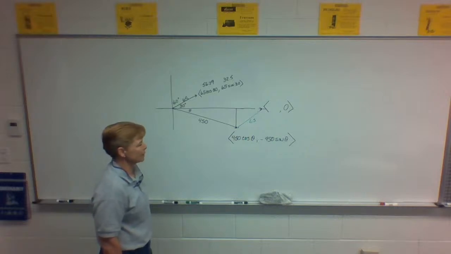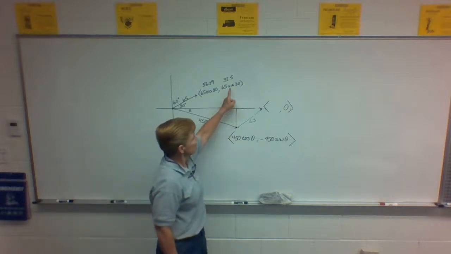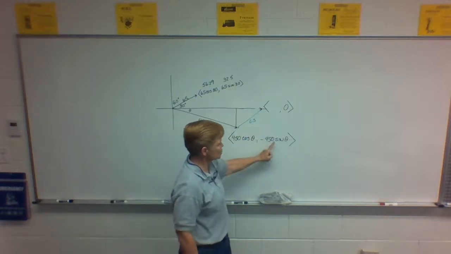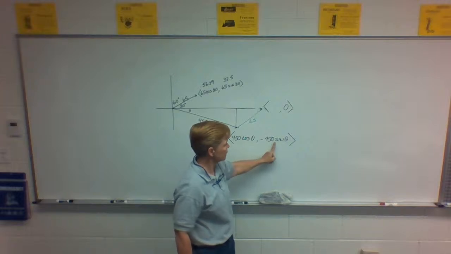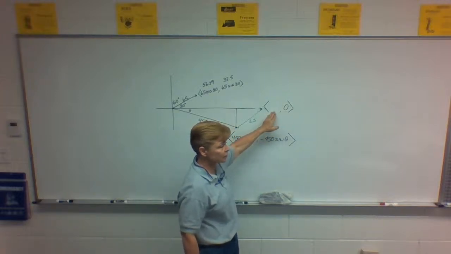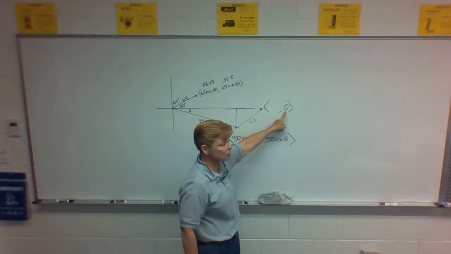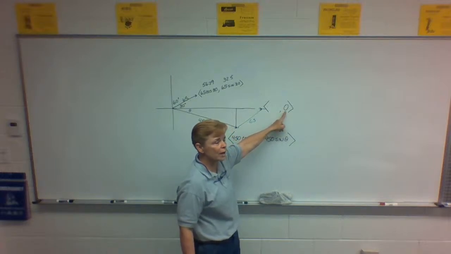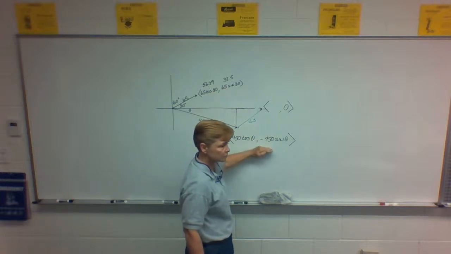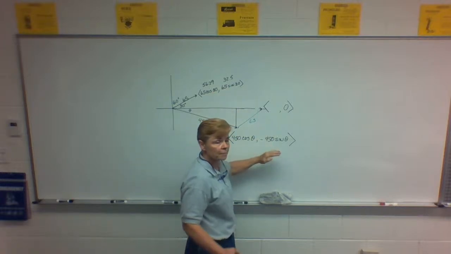Okay, so now what? This y component added to this y component has to equal 0. So we don't know anything about the x, but we know that the y must be 0. So we can write an equation as part of the adding of this vector to this one. See what I'm saying?